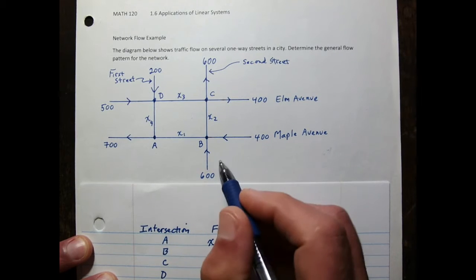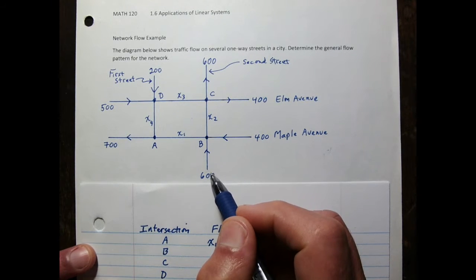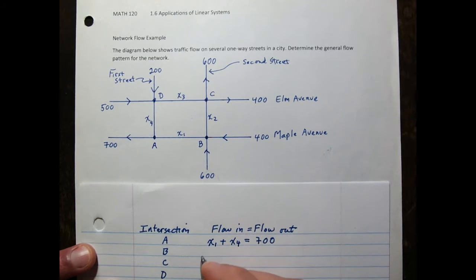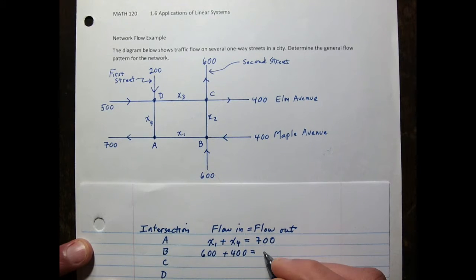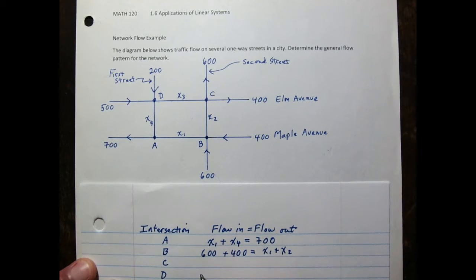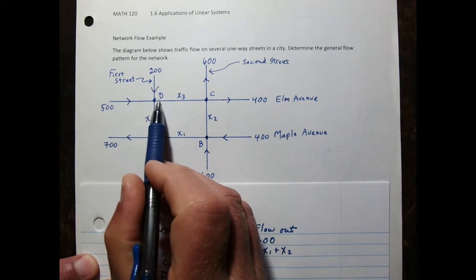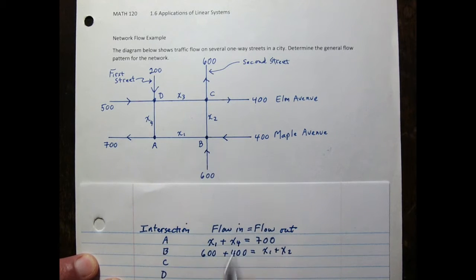For B, the flow in is 600 plus 400. And that's got to equal the flow out, which is x1 plus x2. For C, the flow in is x3 plus x2, so x2 plus x3.